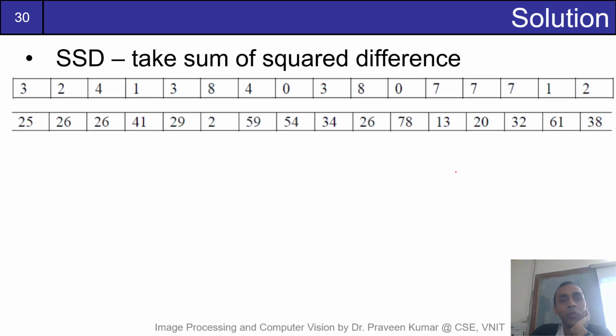So that is one option. There are two options. One is, instead of doing a correlation, directly do the sum of square difference, f(w) minus f(k) whole square. Take the sum of the square difference itself to see the similarity. Your purpose is basically to see how similar they are. If you directly take the sum of square difference, in this case the score should be low if it is similar.